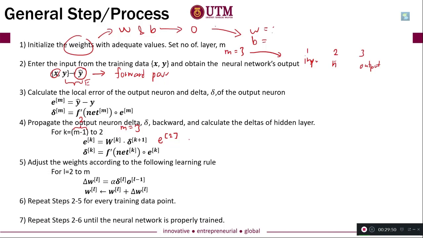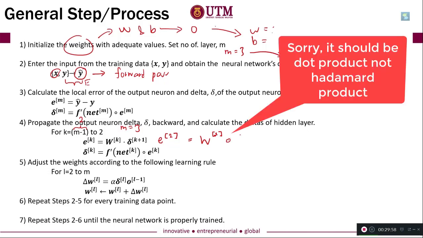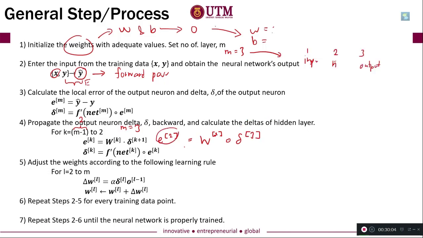So your E2 is equal to your W2 piecewise multiplication with your delta 3. Once you get this E, then your delta 2 equals f apostrophe net 2.